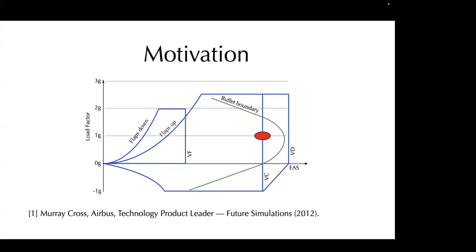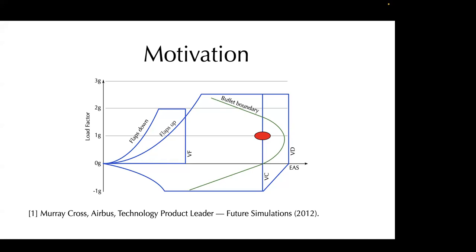That little red dot centered on the cruise speed is where CFD can be reliably used in a predictive context. The key takeaway being that CFD is really only predictive in a very small region of the operating envelope.